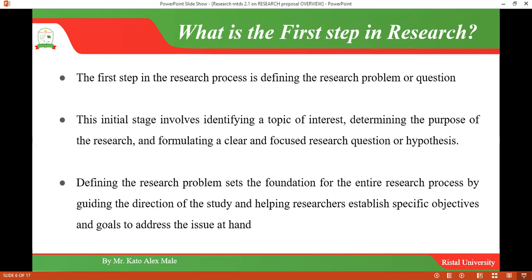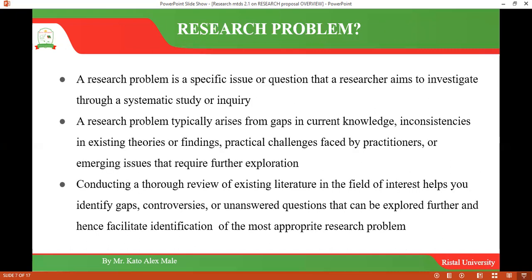So once you have your research problem defined, other steps in the research become easy because this problem guides the tools that you need, the study design that you'll use, the study population that you are targeting, and the age and sex specificities that you will take. So that is the first step in research.